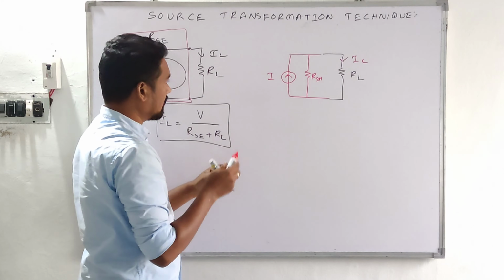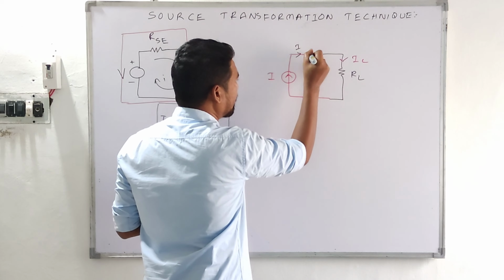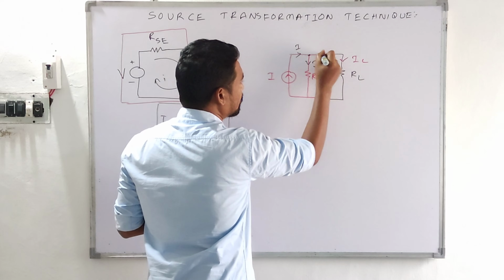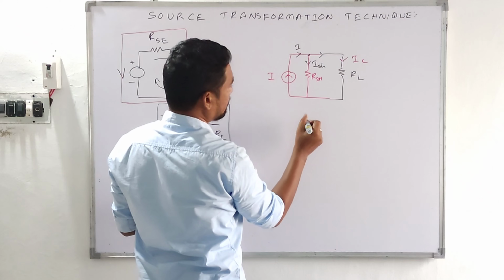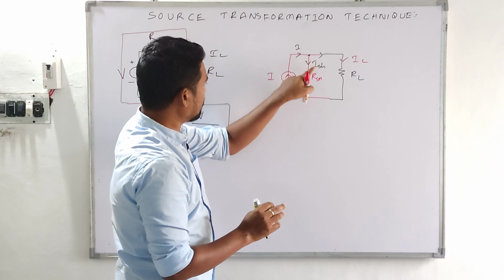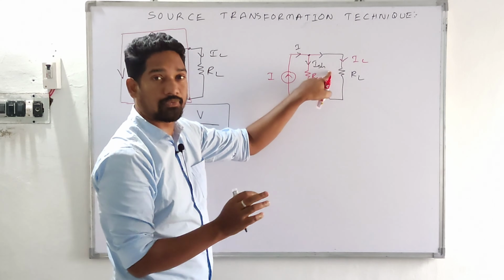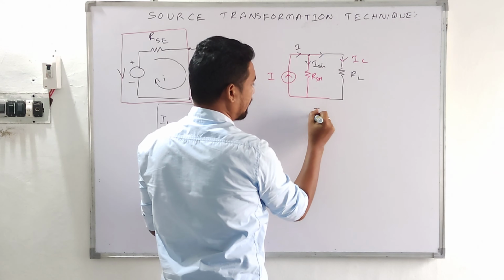Now this is the total current I flowing, and after this node it will be ISH and this will be the load current IL. Soon after this node there is a current division. So making use of the current division rule, we write the expression for load current IL.